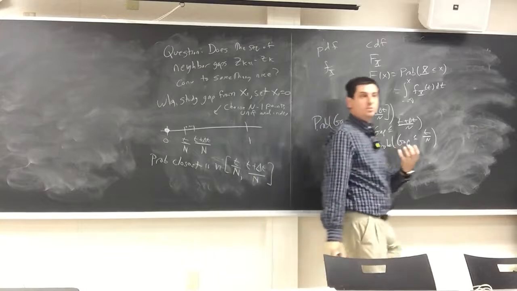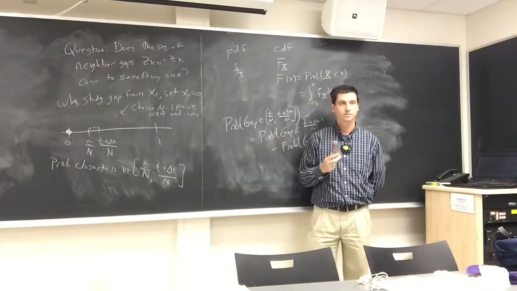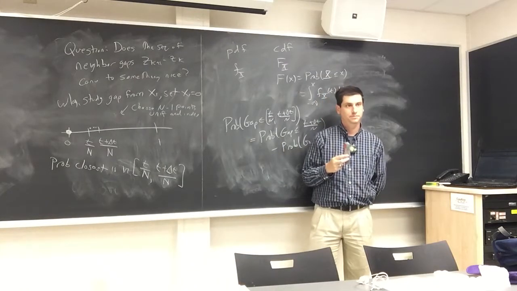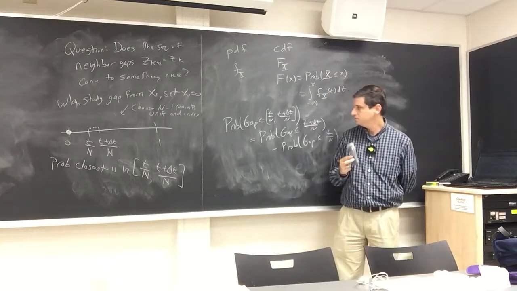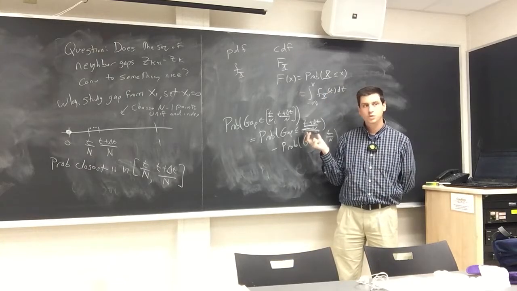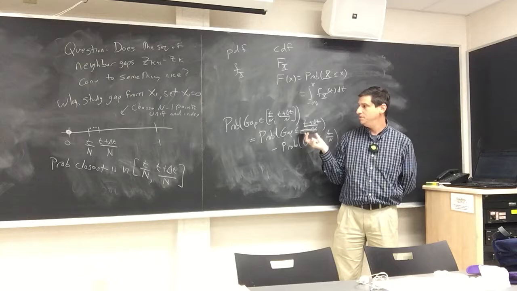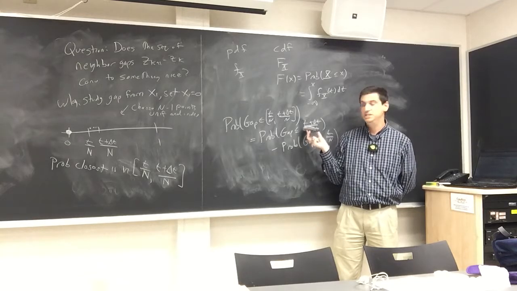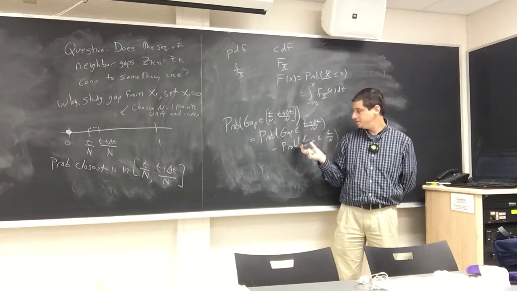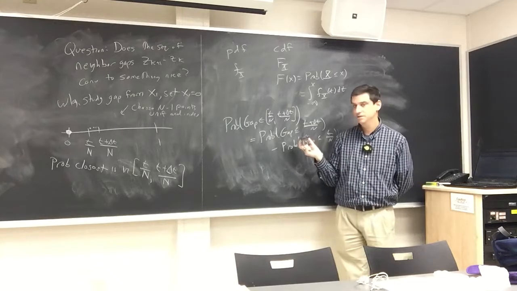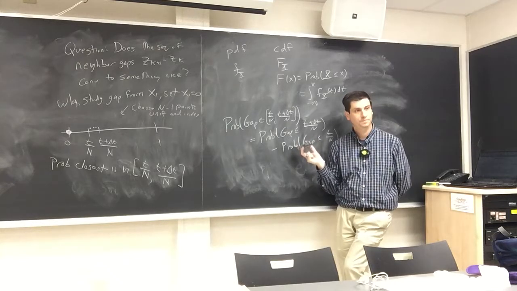So can we have multiple events now in the interval? So what does this mean if I have something here? It means I have an event somewhere between 0 and t plus delta t over n. It doesn't say I only have one. It says I have at least one thing. This says I have at least one thing between 0 and t over n.